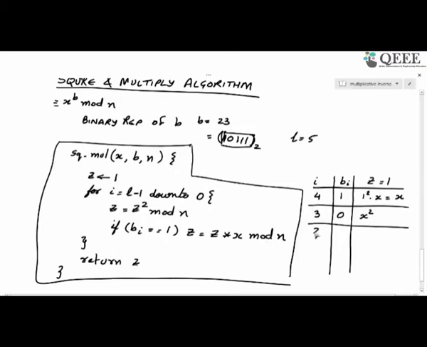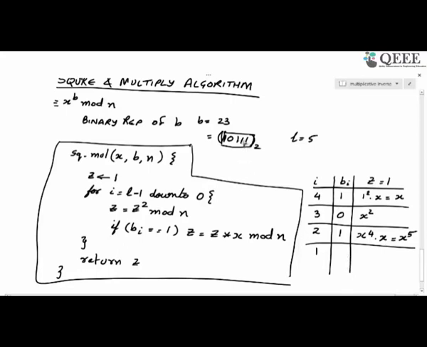Next iteration for I equal to 2, you have bi equal to 1. So as usual, you take the value of z and square it, so you get x power 4, and since you have 1 over here, you enter into this if, and you multiply the value of z by x, so it is x power 4 into x, that's equal to x power 5, and then that's the end of this iteration, and then you have I equal to 1.